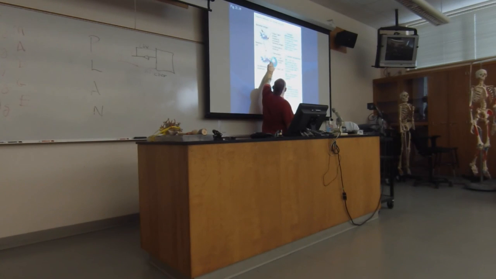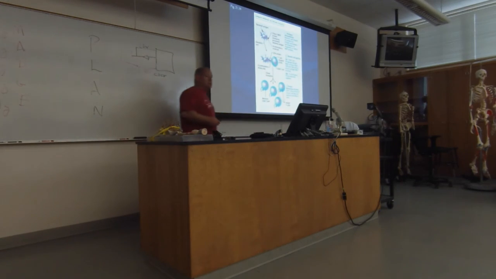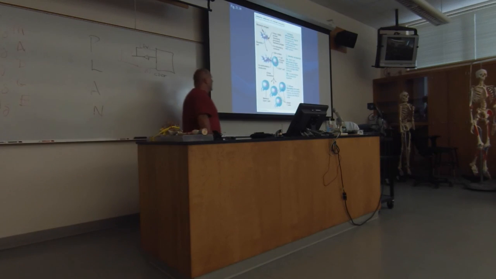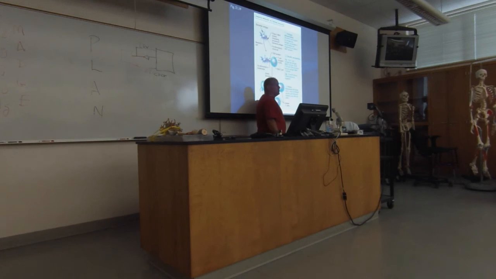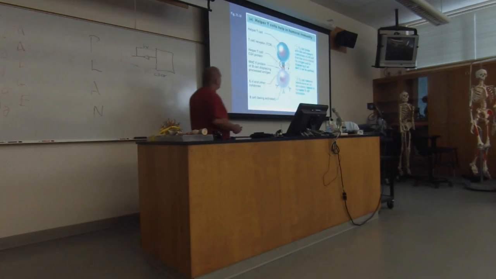MHC class 2 binds T cell receptor, CD4, that turns the car on, this little co-stimulation down here with the molecules, the B7 CD28, puts it into gear, and then I make more of this.